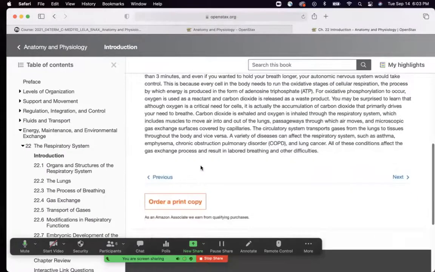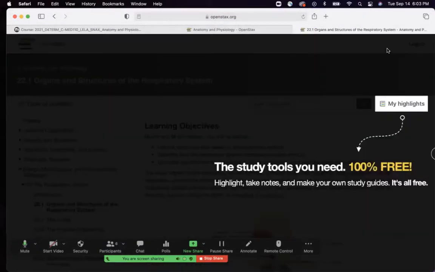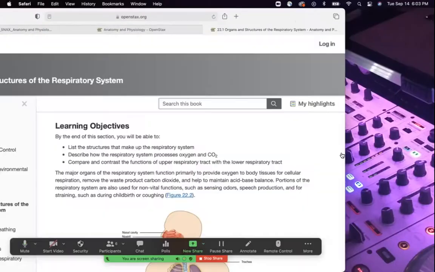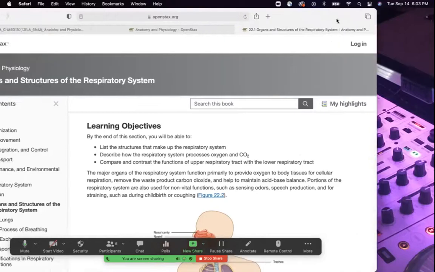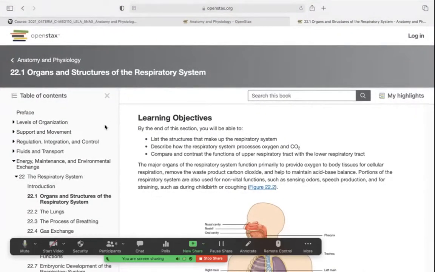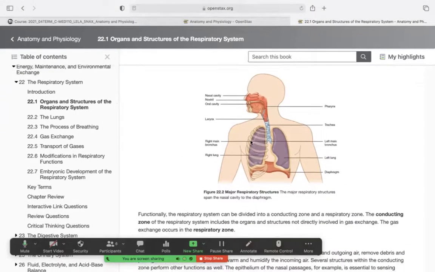So when we're looking at the function of the respiratory system, its main function is, of course, gas exchange, for the necessary oxygen that we need.